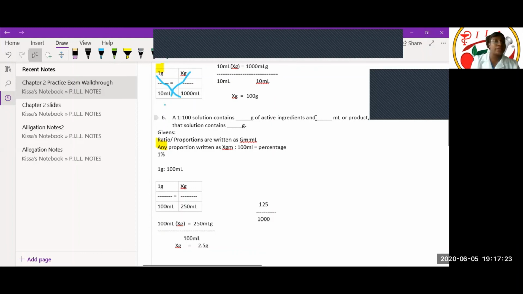So the answer to the second question of problem 6, 250 milliliters of that solution will contain 2.5 grams.